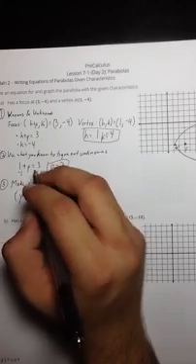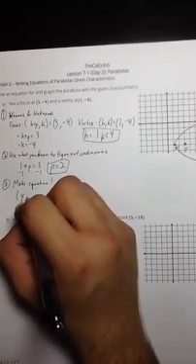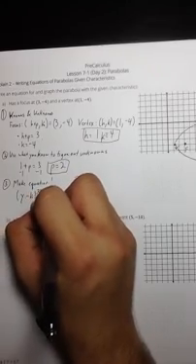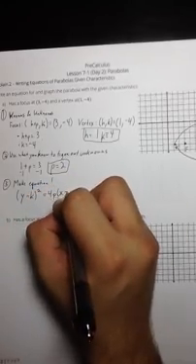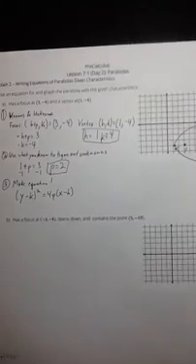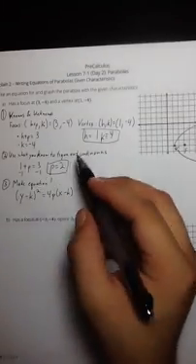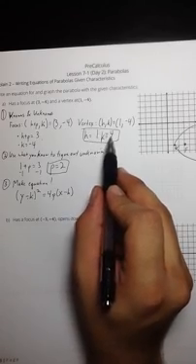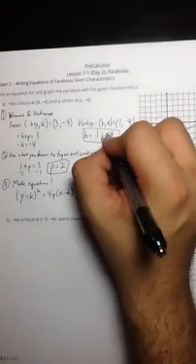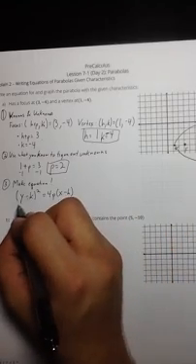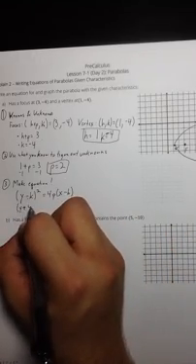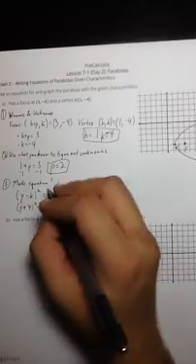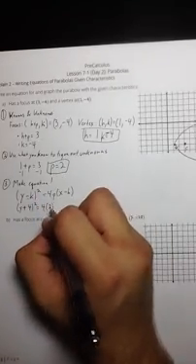The formula normally is k minus... let me write it out so we can see it: (y minus k) squared equals 4p times (x minus h). If there's a negative in the formula and k is -4, then this is actually going to be (y plus 4) squared. Of course, we have 4p, and we fill in 2.